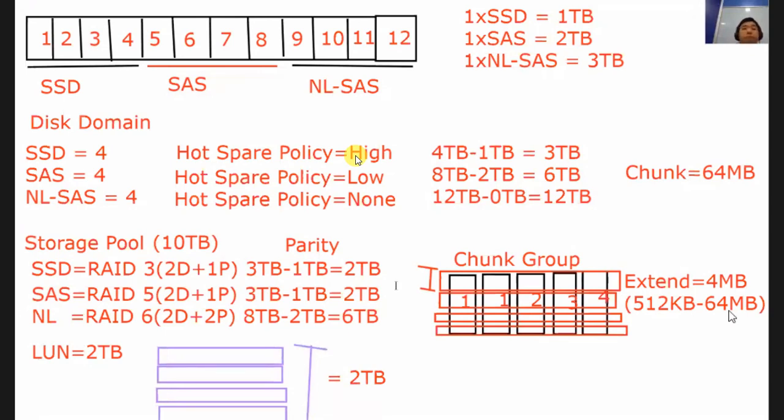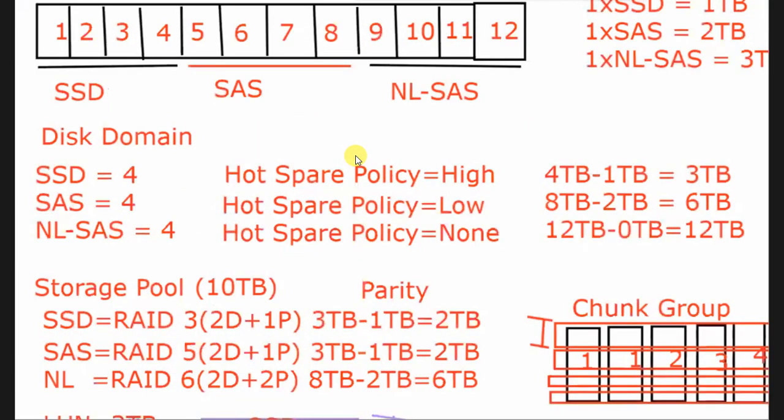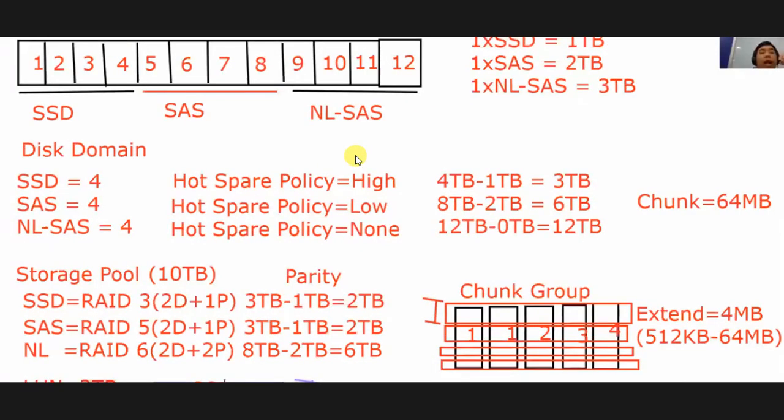So for this LUN, you will get a piece from maybe SSD, the first extent from SSD. This one will come from SAS. Let's say this one comes from nearline SAS. When you stack it up into 2 terabyte, you will get different pieces.